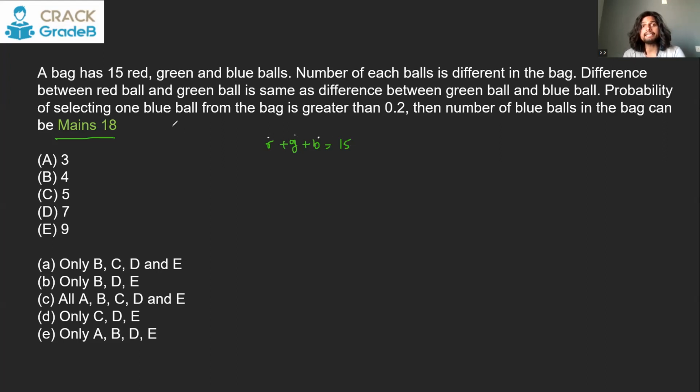The difference between red and green is the same as the difference between green and blue. So that means red minus green should be equal to green minus blue. If you solve this, it becomes 2G is equal to R plus B. So if you replace R plus B with 2G, 2G plus G, 3G becomes 15 and the number of greens becomes 5. So the number of green balls is definitely 5.